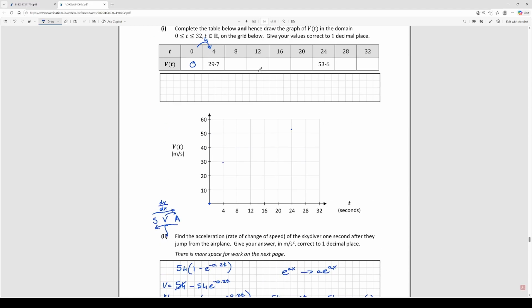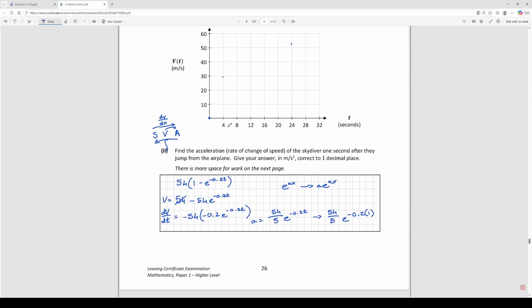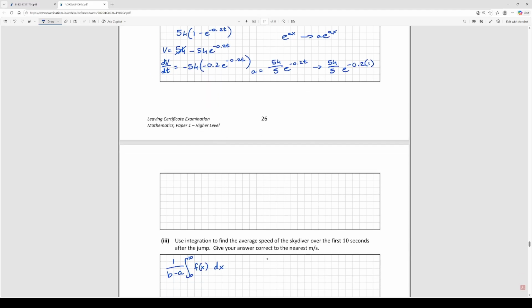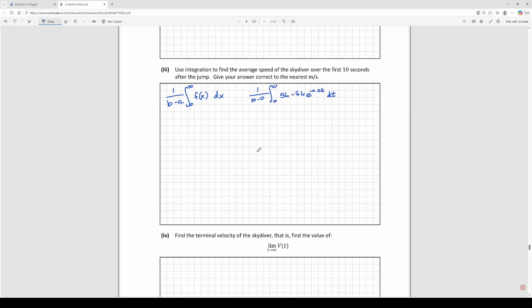Now, technically I have to integrate this guy, but I'm going to integrate the bit that I multiplied out already. As I said, it's probably easier to just do it after you've multiplied it out. So I'm going to have 1 over 10 minus 0, times 54 minus 54 e to the minus 0.2t, dt technically, because we have t's involved.